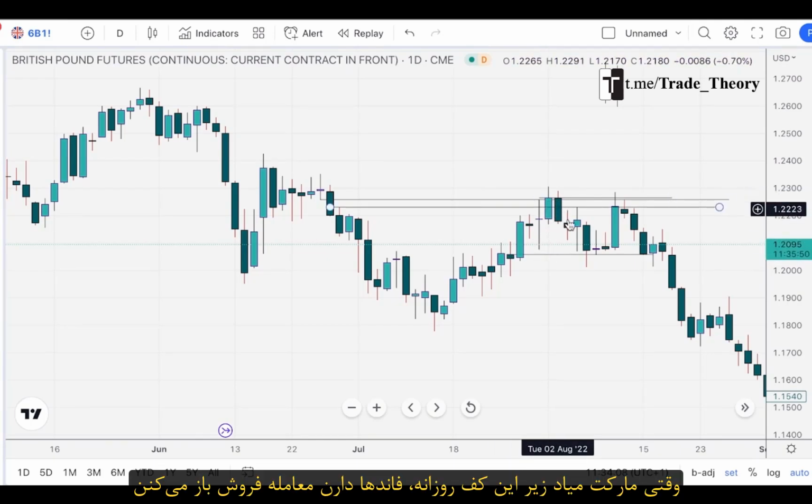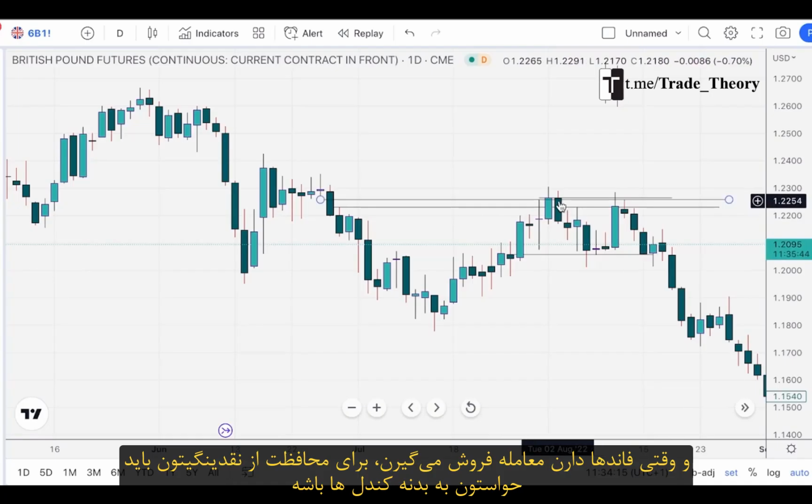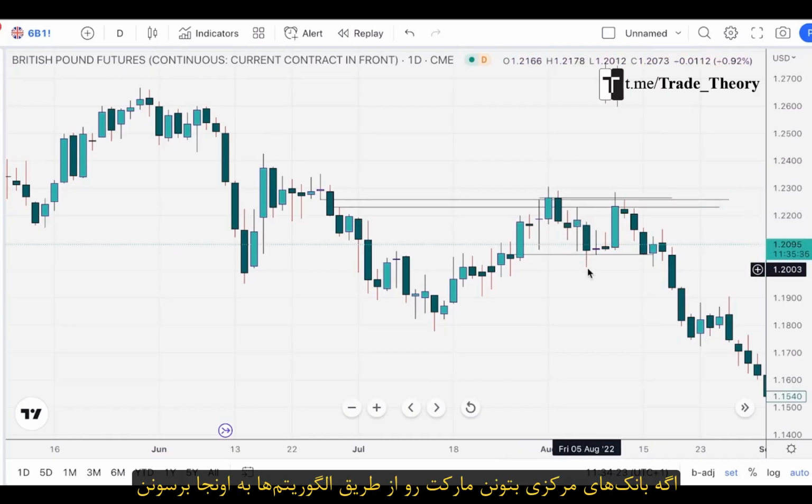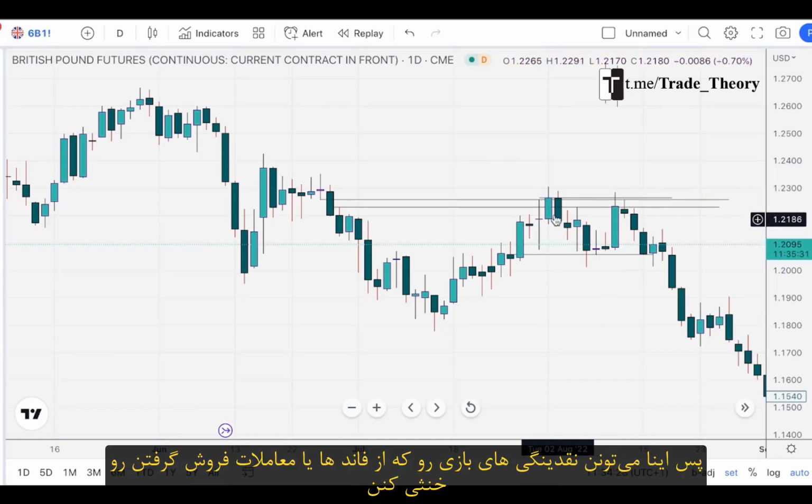So the moment the market runs below that daily low, the funds are shorting. If the funds are shorting, you're going to protect your liquidity with the bodies of the candle, because they recognize that as the bulk of the volume. So if the central banks can drive the market up there through the algo, then they can neutralize open float liquidity from the funds who are short.